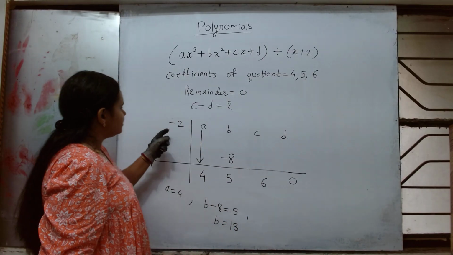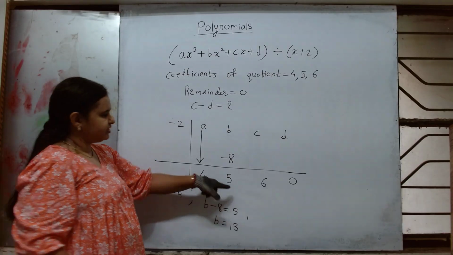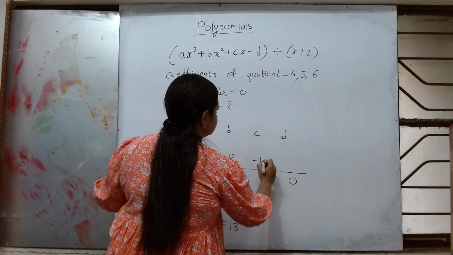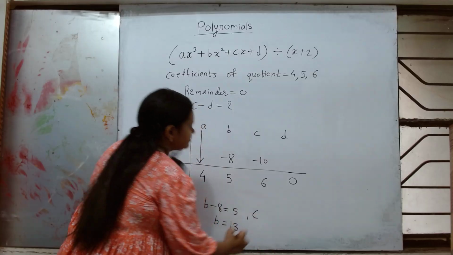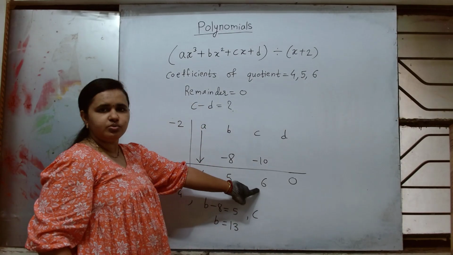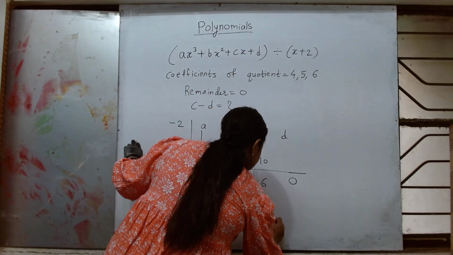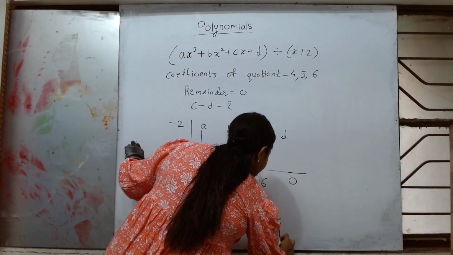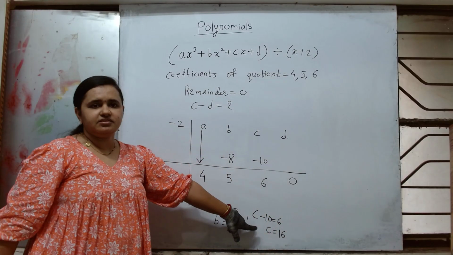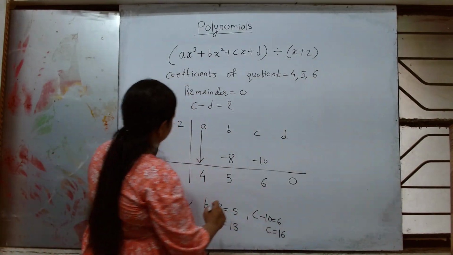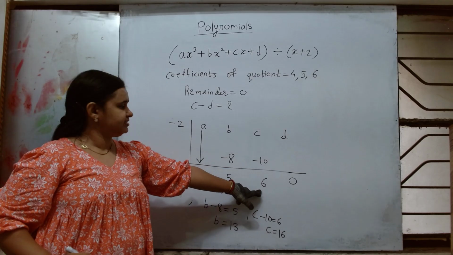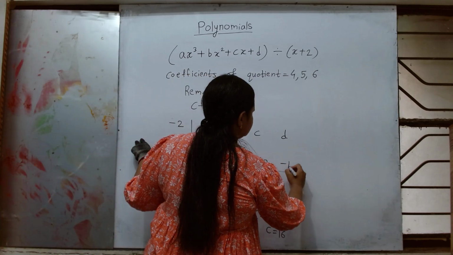Now c, minus 2 multiplied by 5, it is minus 10. Now c minus 10 is equals to 6. So c will be equals to 16 and minus 2 multiplied by 6, it is minus 12.